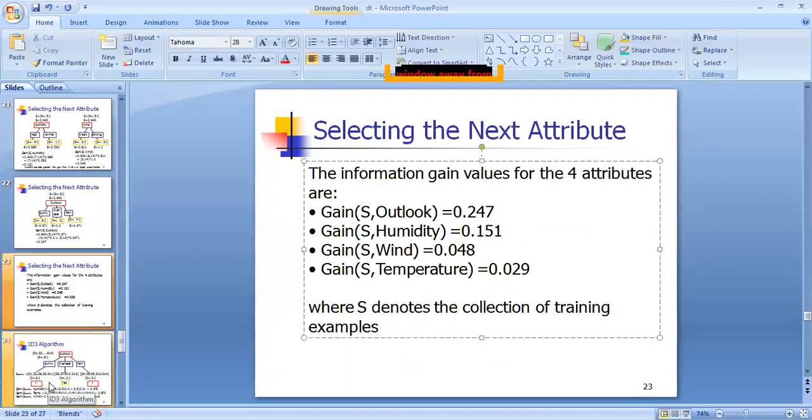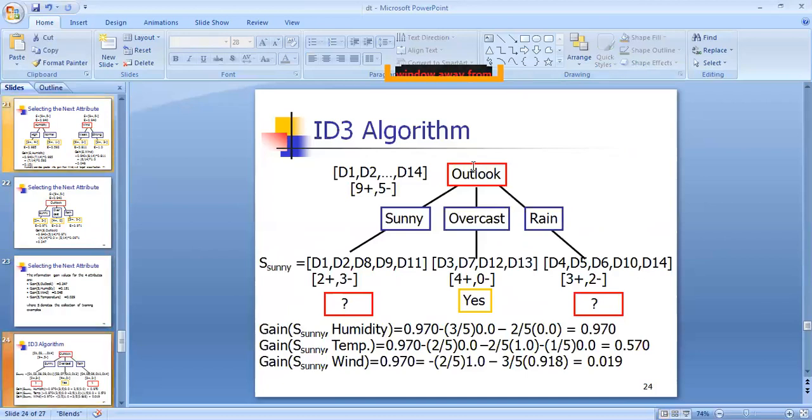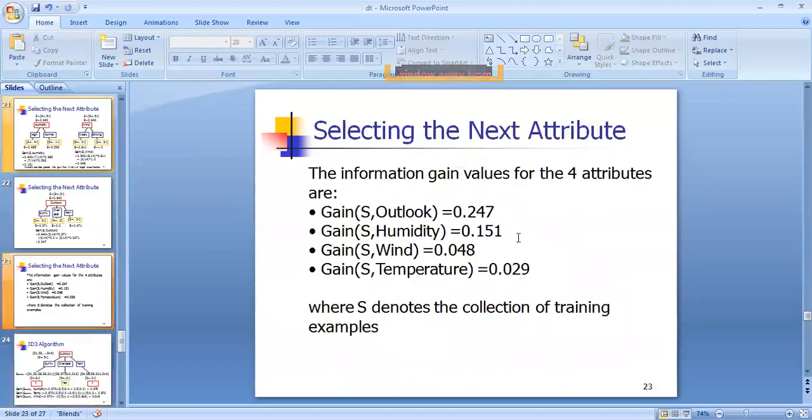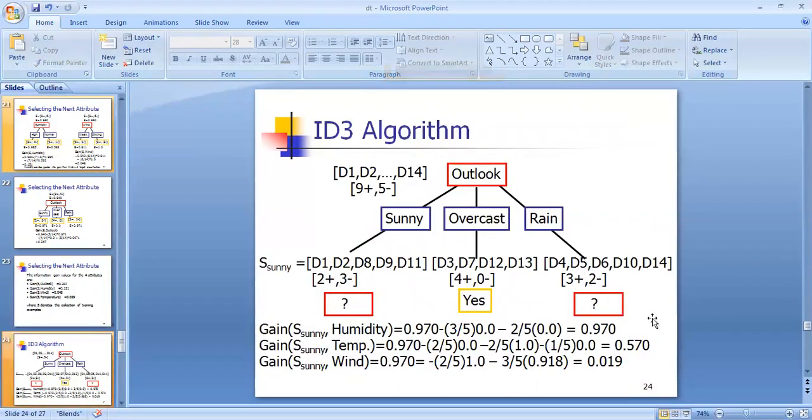Okay, after selecting, now you see how many values you have with humidity. Everything you have given here: 0.24, 0.15, 0.04. Now you go with the last one. When it is sunny, with humidity you are getting this one, with temperature you are getting this, and for wind it is 0.019.